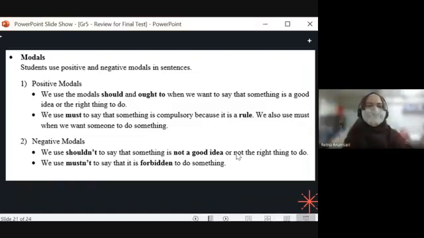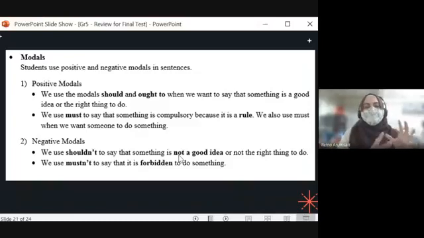Something like that. Okay, and mustn't is definitely for something forbidden. Must is for something important or rules, and mustn't is for something forbidden.